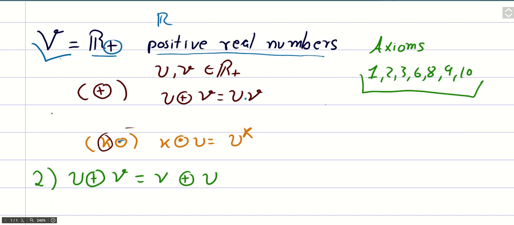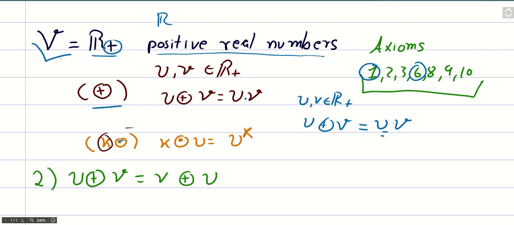It is important for you to remember that the first and the sixth axiom of the vector space are related to the closure of the operation. So the first axiom actually means the closure of the sum operation. So if u and v are elements of the positive reals, that means that they're positive numbers, and if you sum any two numbers in this space, it means that you're multiplying these two numbers.